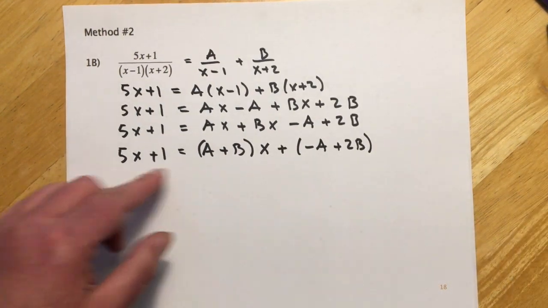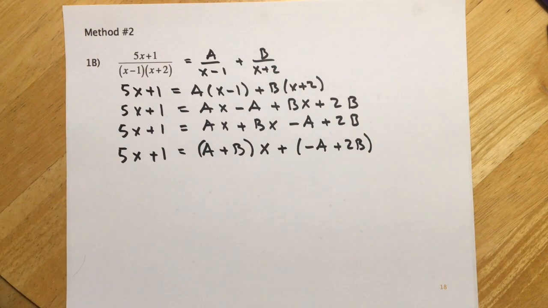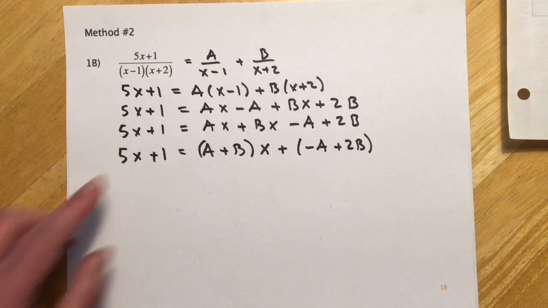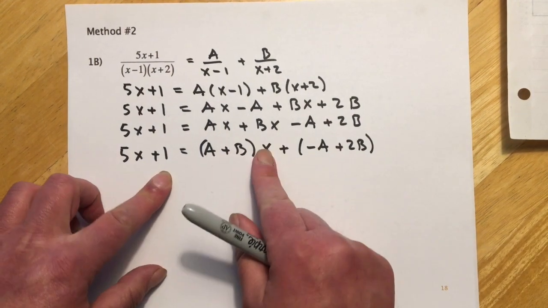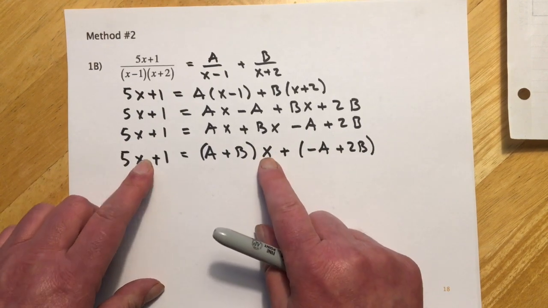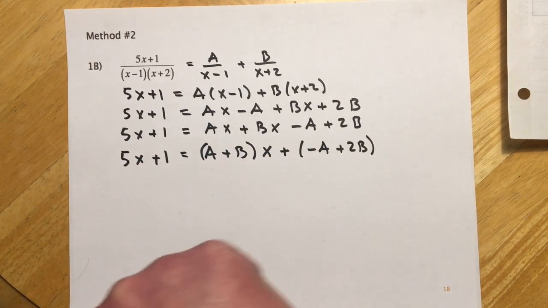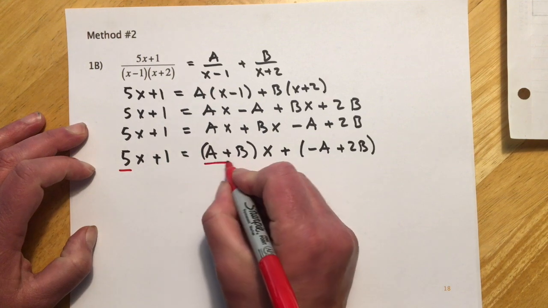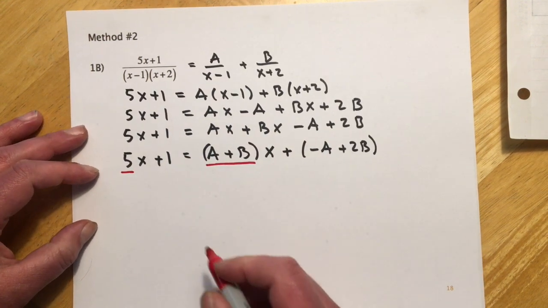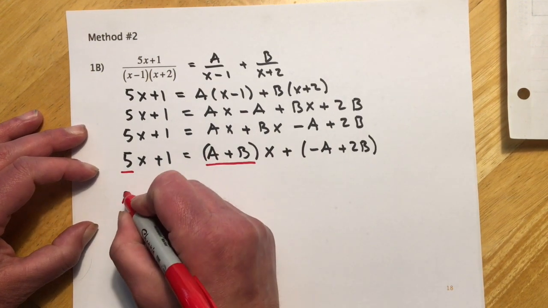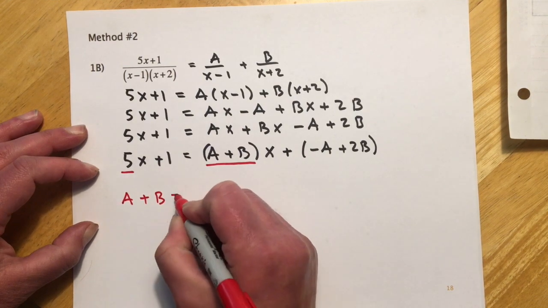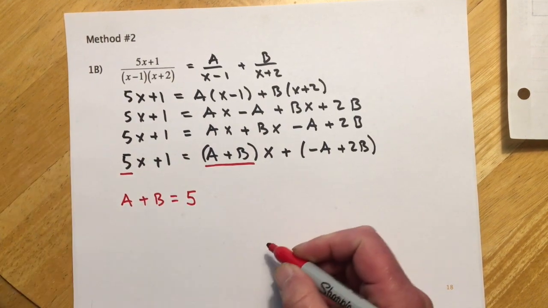And so what we do then is match up the two sides of this equation. So the 5x goes with the a plus b times x. These are both the x terms, the linear terms. So what that means is the 5 has to equal that a plus b. So then I can go a plus b equals 5.